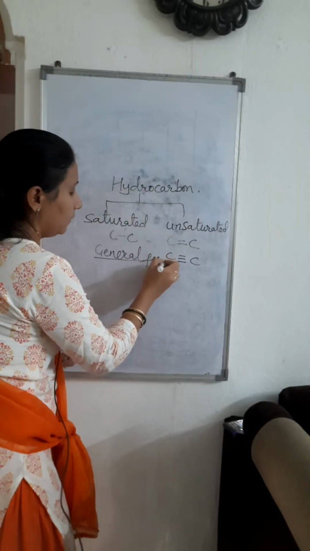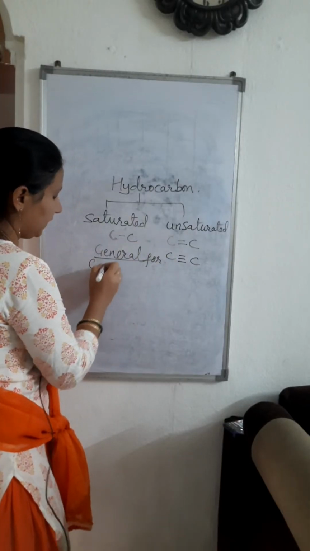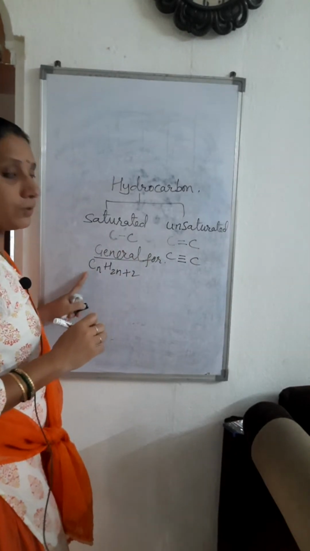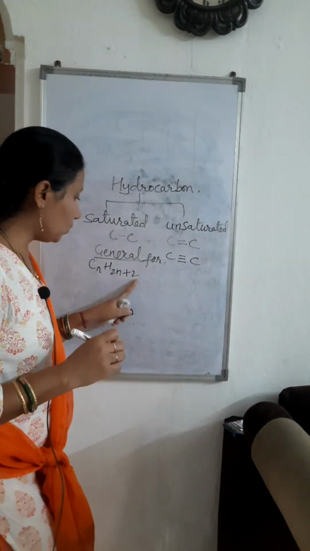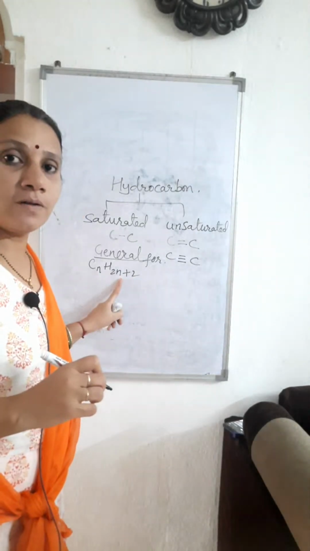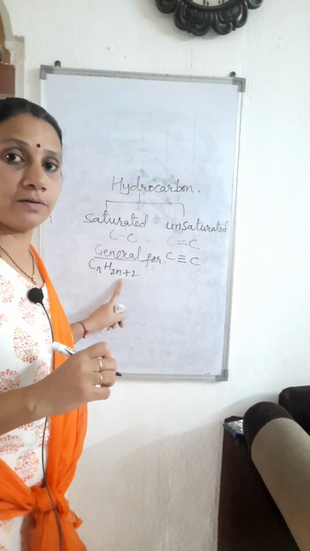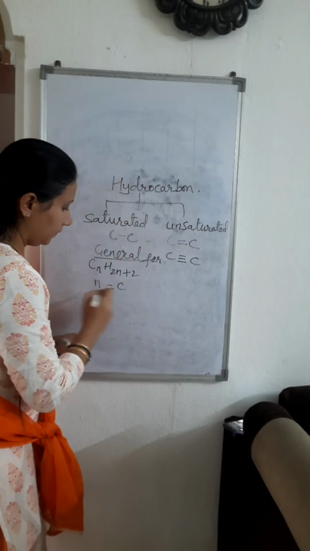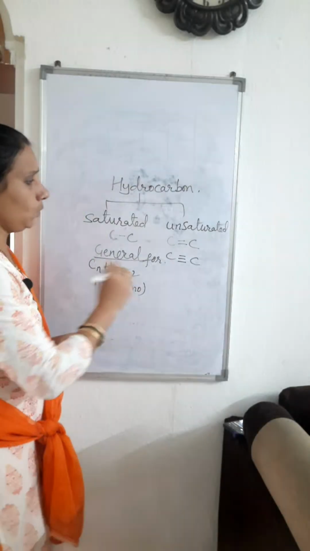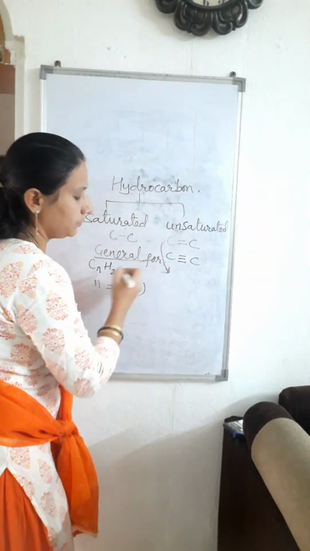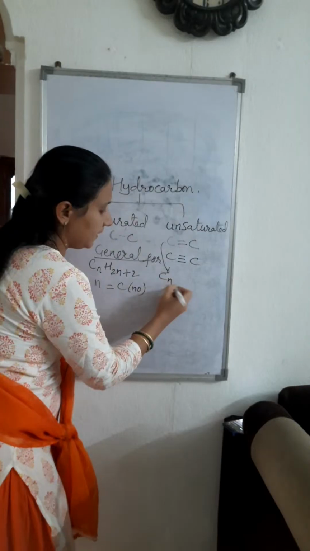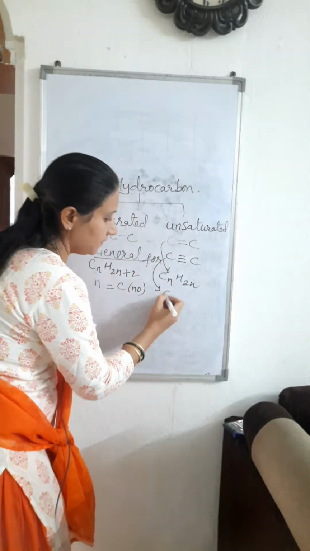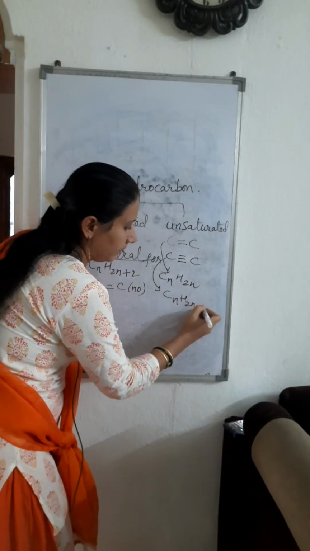For a saturated compound, it is CnH2n+2. What does n stand for? n stands for the number of carbons. For a double bond compound, the general formula is CnH2n. And for a triple bond compound, the formula is CnH2n-2.